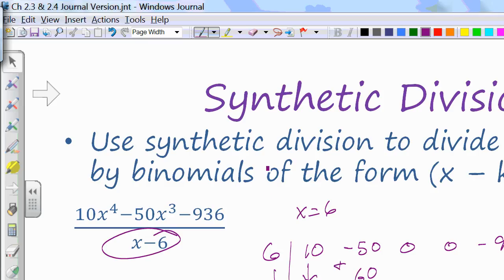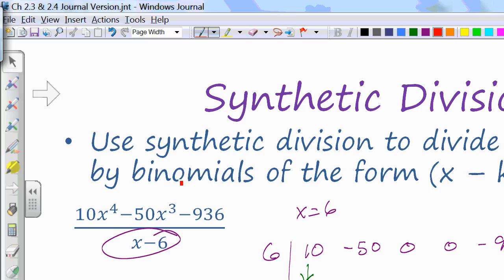Now I add them. Actually, I'm going to do that part in a different color so it becomes more obvious. I know some of you will be quite rusty on how you do synthetic division. Okay, so we're going to change to green. We bring the 10 straight down.